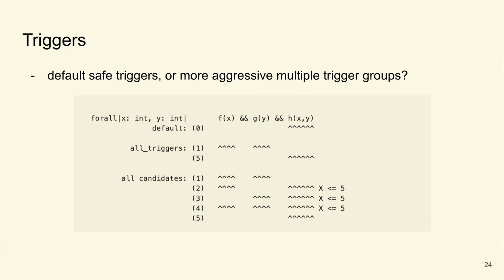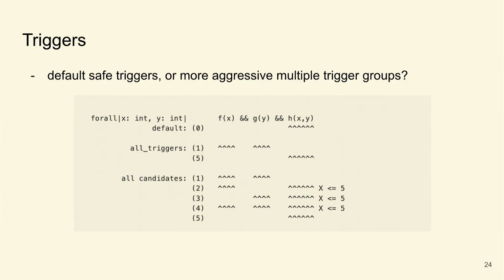And next, I want to talk a little bit about triggers. So in Verus, the automatic trigger selection only selects one trigger among multiple possible triggering candidates. So for this universally quantified expression, you have F, G, and H, which are all Boolean predicates.